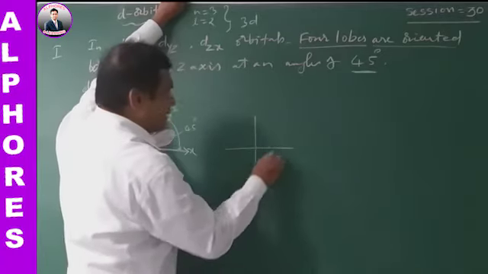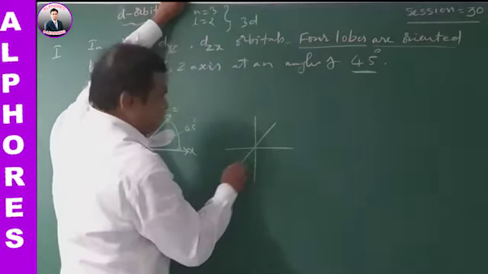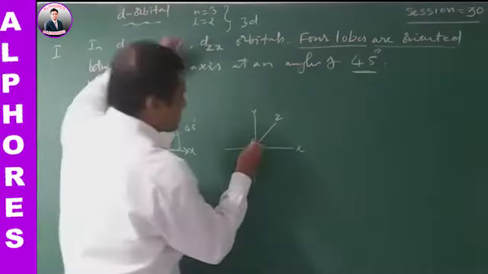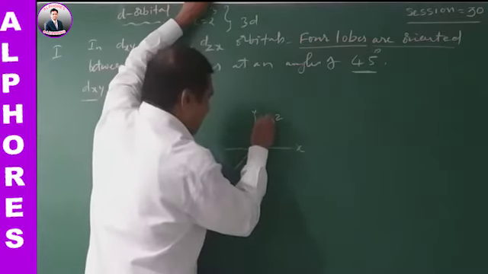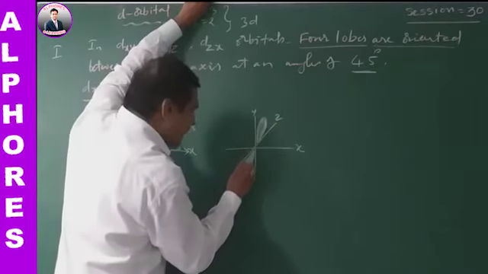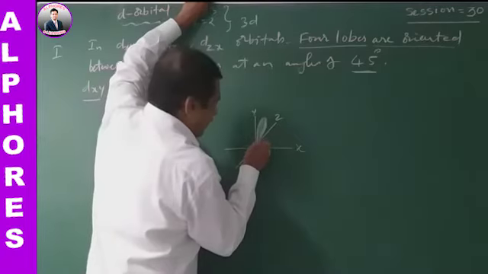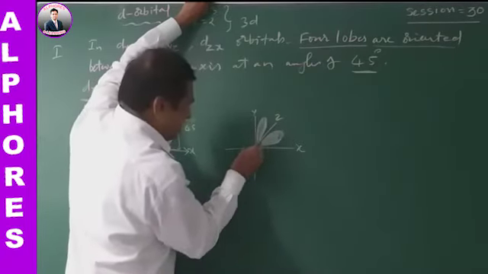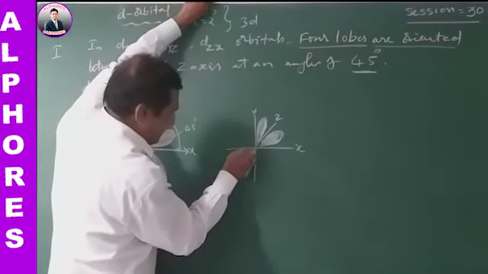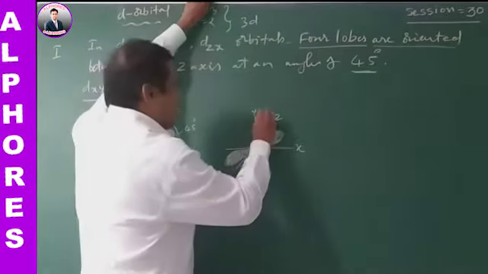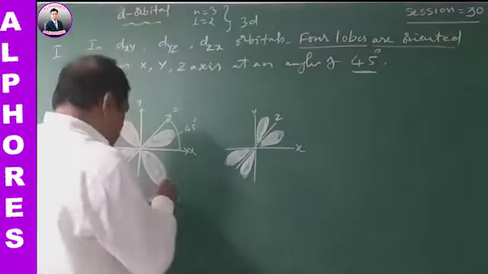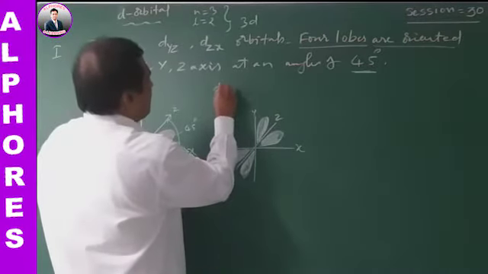Okay, let us take another one. x, y and z. We have to draw the lobes between the axes, not along the axes. We put the electron density between the axes. That is dxy, dyz, dzx.